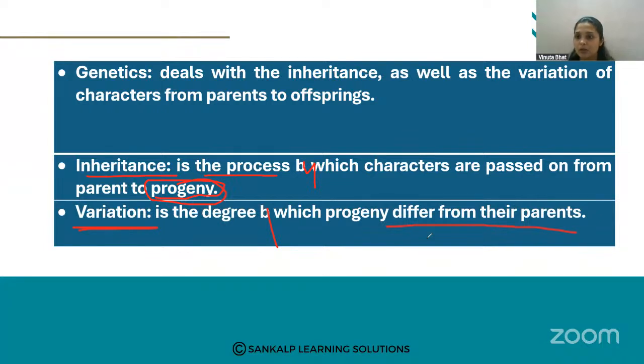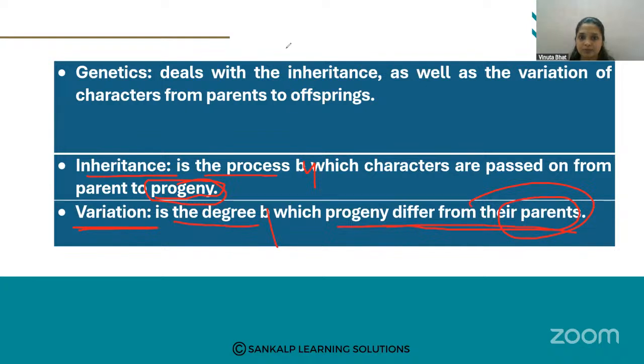No. Only a few characters are transmitted from parents to the next generation, that is, from parents to you, but there are changes. You may observe that you have some different characters compared to your parents. That is called variation. It is the degree by which progeny differ from their parents.